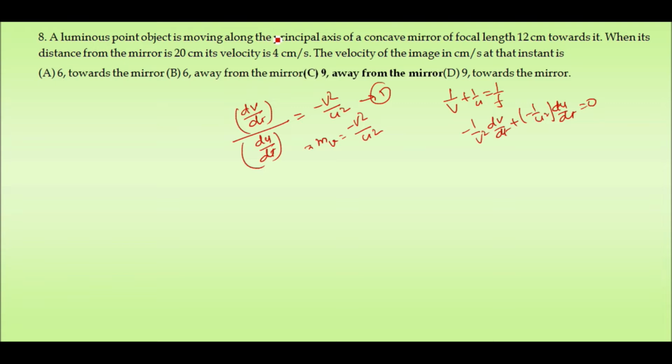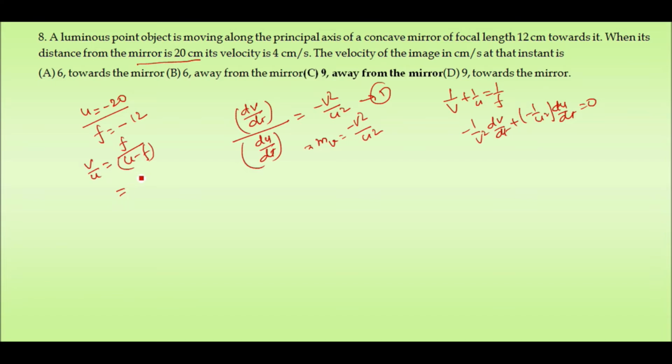Now the problem says that the object is at 20 cm distance from the pole, then its velocity is 4 cm per second. So in this way the object distance is given. So u is equal to minus 20, f is equal to minus 12, and we know that v by u is equal to f divided by u minus f.